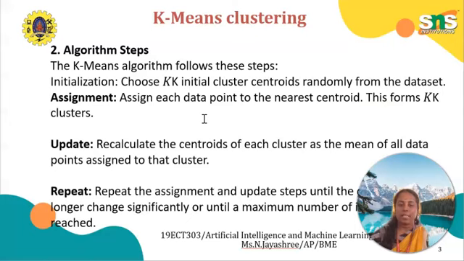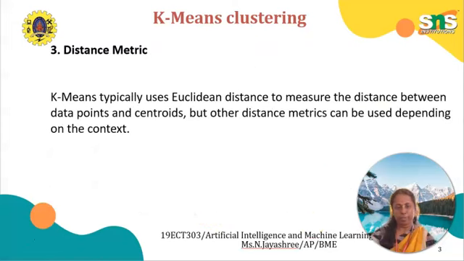And the second step of the algorithm is update. Recalculate the center of each cluster as the mean of all the data points assigned to the cluster. At last, repeat. Repeat the assignment and update steps until the centroids no longer change significantly or until the maximum number of iterations is reached.